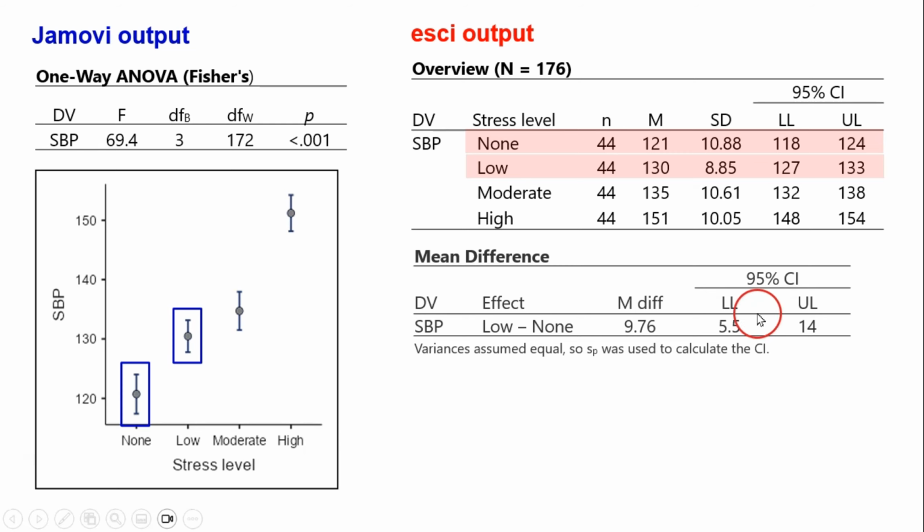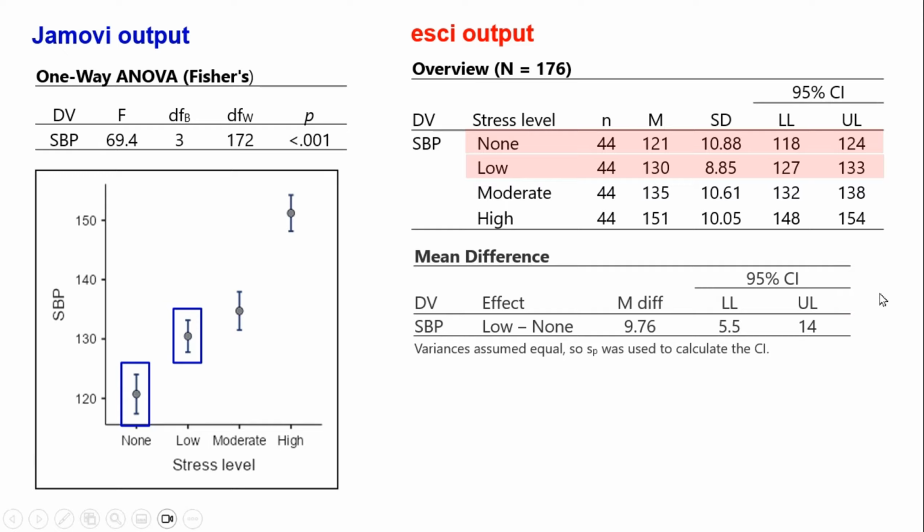So the first thing you do is you look at this here and you say, is 0 in that interval? And clearly 0 is way outside that interval, right? So a zero difference, i.e. the null, is clearly not a plausible outcome here. So this is just giving us another visual piece of information regarding this contrast.